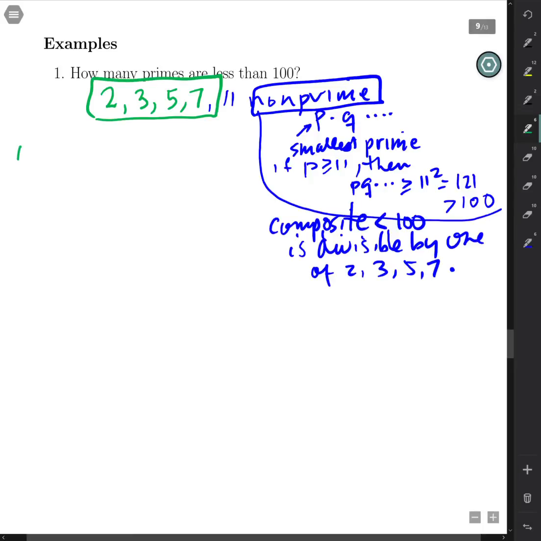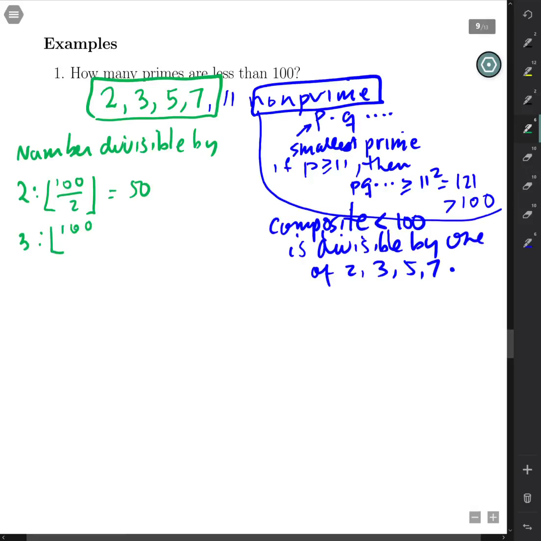The number divisible by 2 would be 100 divided by 2, and we'll take the floor function, and that's 50. That's easy. And then by 3, we'll take the floor function of 100 divided by 3 and get 33.